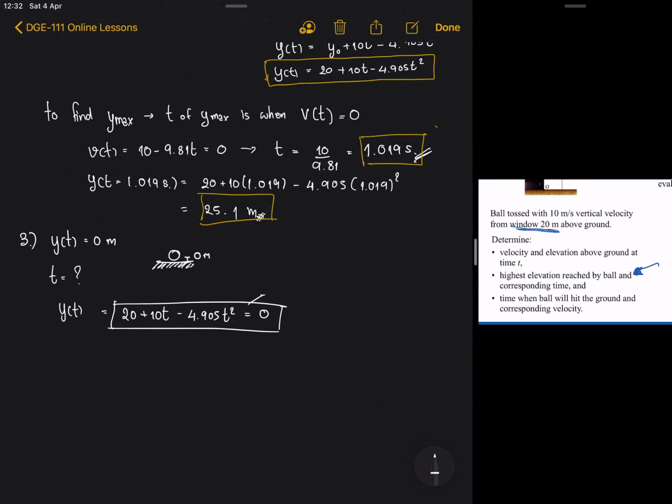What is this called? This is a quadratic equation. Okay, remember this? And then maybe you have seen this already. You can find the t by the formula like this.